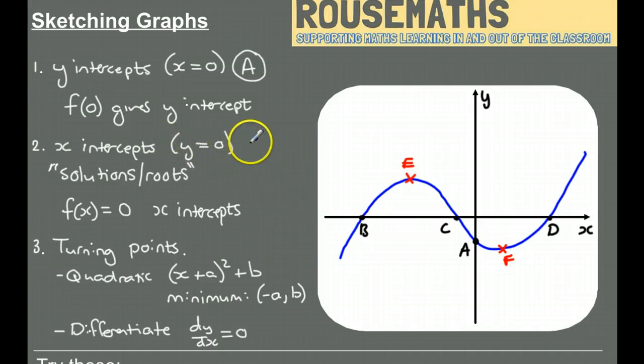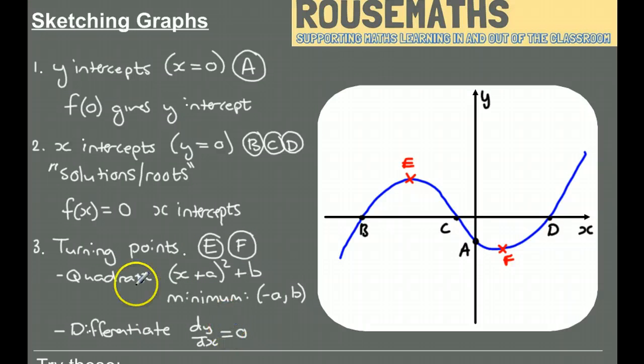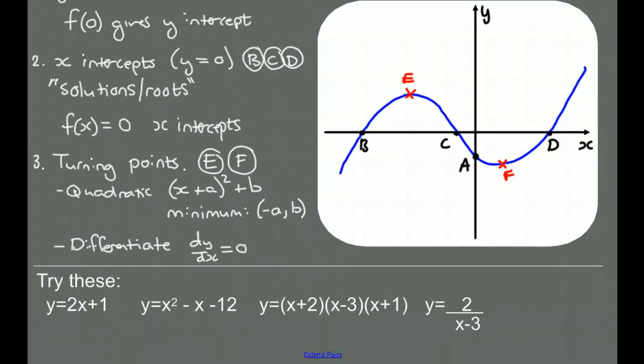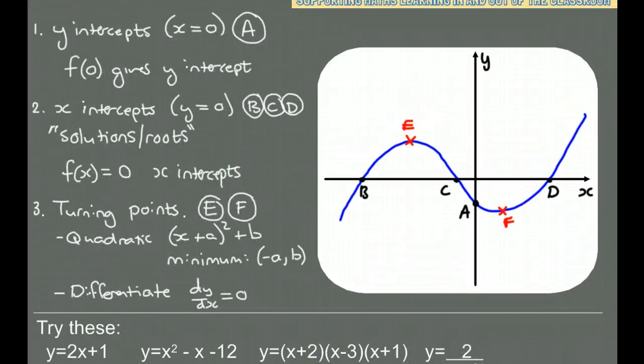If you make y equal to 0, you can find your solutions or roots where it crosses through the x-axis. If you want to go a bit further and find your turning points, you can complete the square or you can differentiate. And there are a couple of other skills which I'll show you when I do these 4 examples in the next video.